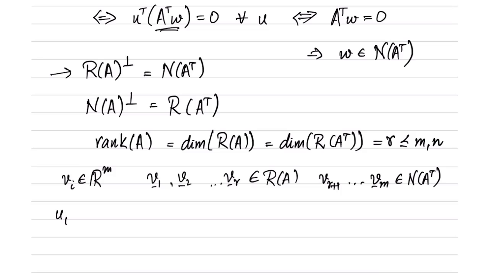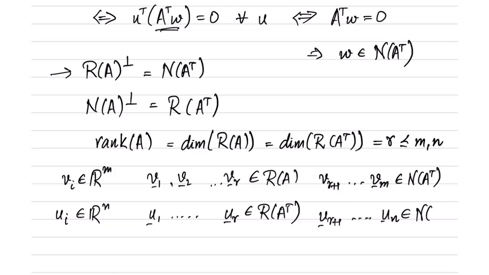In the same way, if Ui is in Rn, then these are n cross 1 vectors and there are n such vectors. Out of those, U1 to UR are in the range space of A transpose, and the remaining ones, UR plus 1 to UN, are in the null space of A, right?